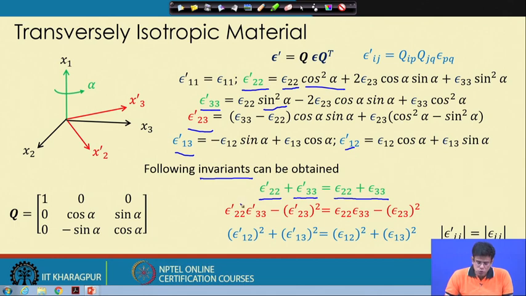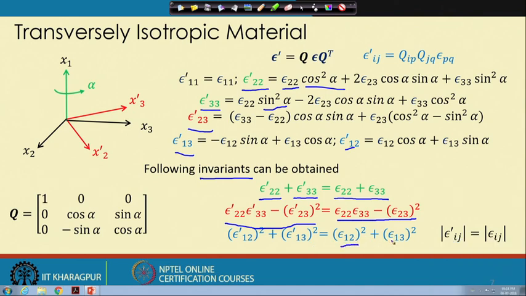Similarly, epsilon 2 2 prime times epsilon 3 3 prime minus epsilon 2 3 prime squared equals the non-prime expression in the original coordinate system. If you work this out, you will see this is also an invariant quantity. Now similarly, epsilon 1 2 prime squared plus epsilon 1 3 prime squared is epsilon 1 2 squared plus epsilon 1 3 squared.